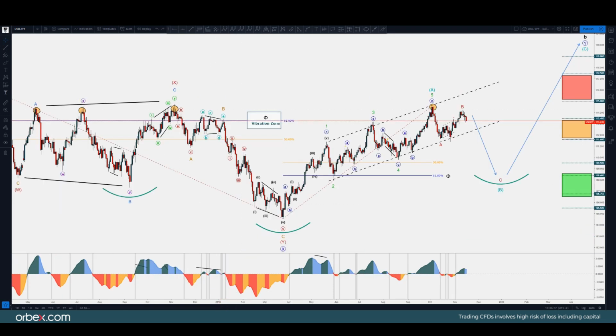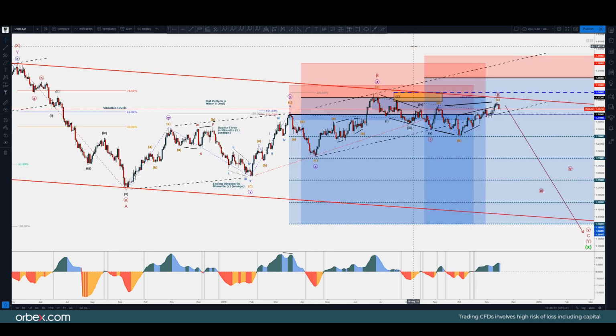Now, continuing with the USD CAD, which is quite interesting right now, because this pattern, in my personal opinion, could be completing quite soon, right? I'm labeling this as an expanded flat right there, as you guys can see, a leading diagonal in one and an expanded flat in two, I mean the red minute two.